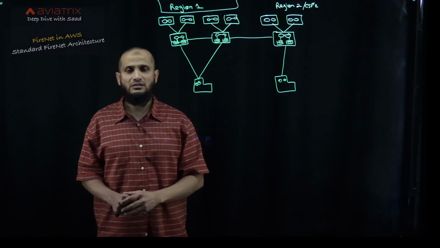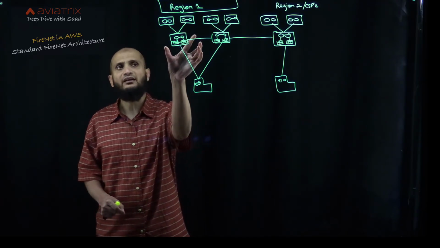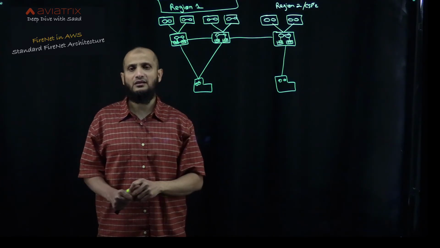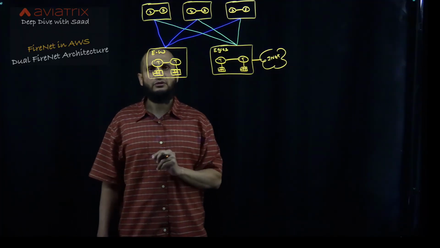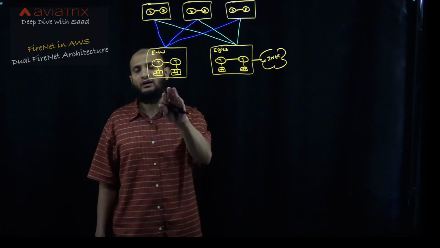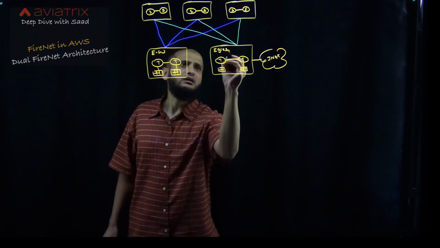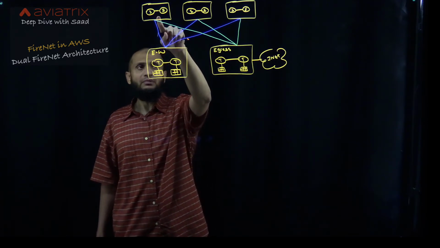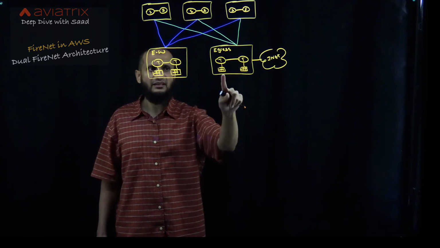Now let's discuss another architecture where you want to make sure that one FireNet is dedicated to your east-west traffic, while the other FireNet is dedicated to your egress. Let's say this is your requirement, where the enterprise wants to have a separate east-west FireNet, and at the same time wants a separate egress, where the traffic from the application destined for the internet uses an entirely separate dedicated FireNet.